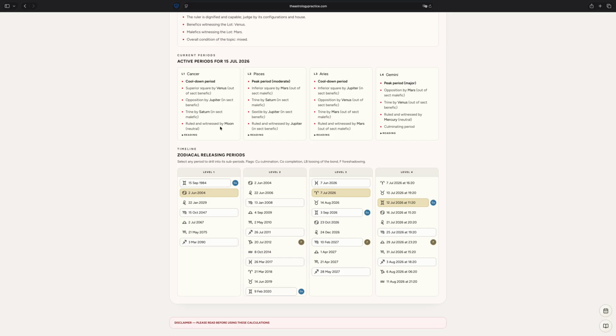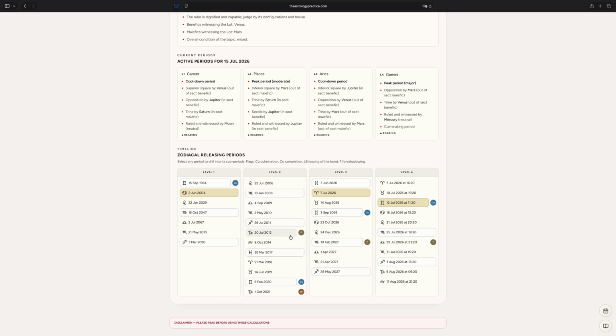A culmination period is judged by the position of the lot of fortune, and we know which periods among the peak periods and among the build up and cool down periods are important to look at.